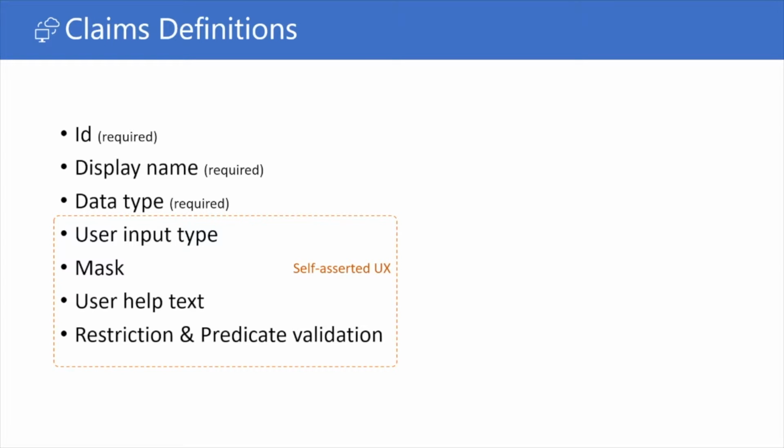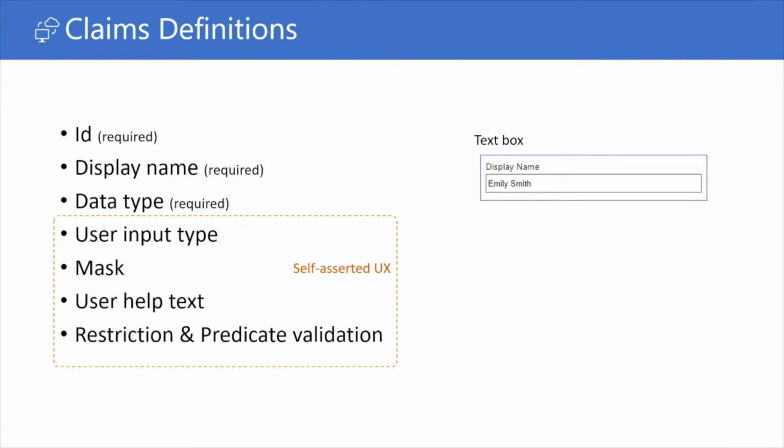Outside of these required elements, there are some elements that you may want to use if you're going to be showing the claim inside of a user interface, and they will help dictate how these elements behave in the user interfaces. The first element would be the user input type, and this governs how that claim is going to be rendered on the screen.